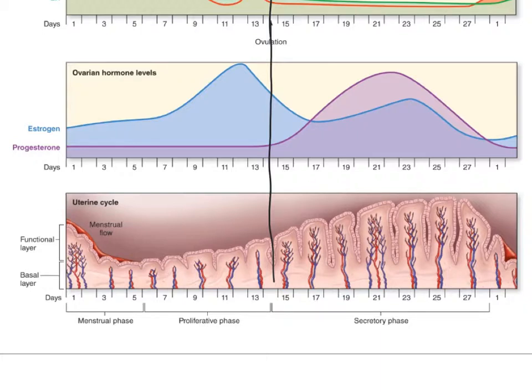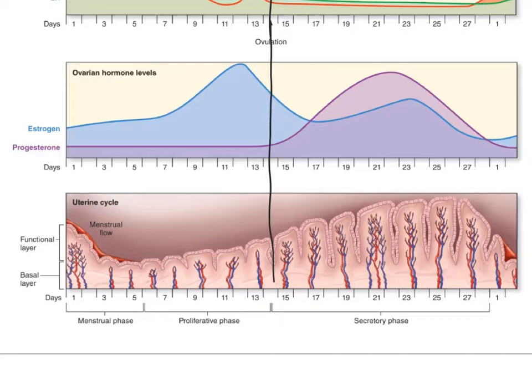Now, if no pregnancy occurs, the corpus luteum regresses, progesterone levels go down, estrogen levels go down, you remove that hormonal stimulus, and now this tissue in the endometrium starts to die off. Then you end up with the onset of menses in the beginning of the next cycle.